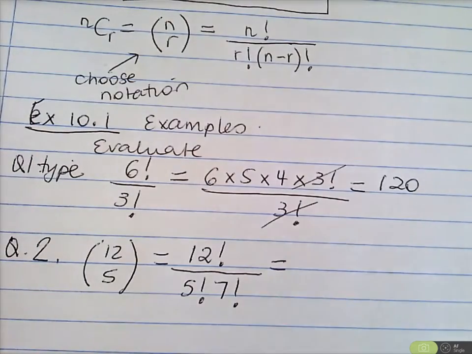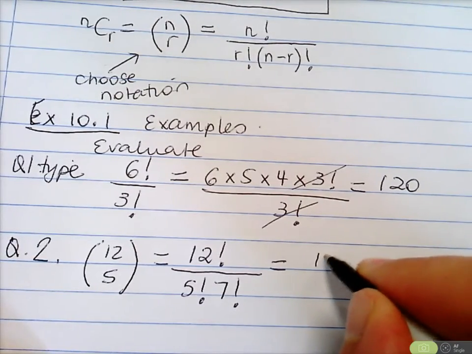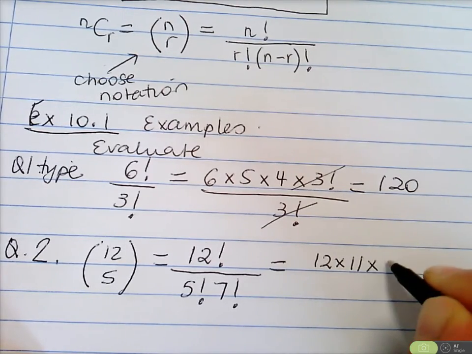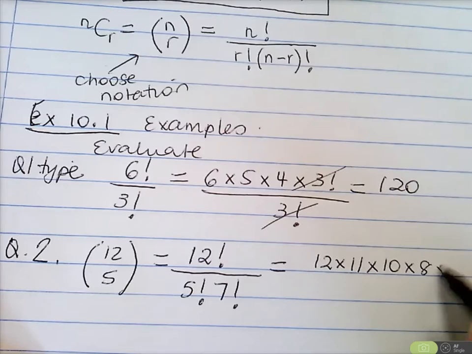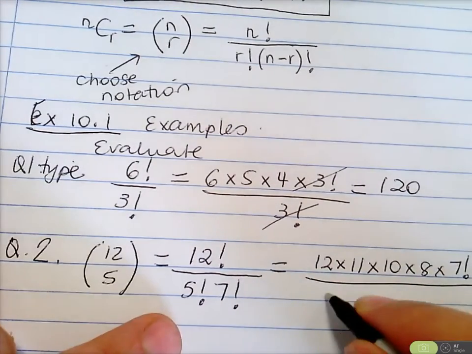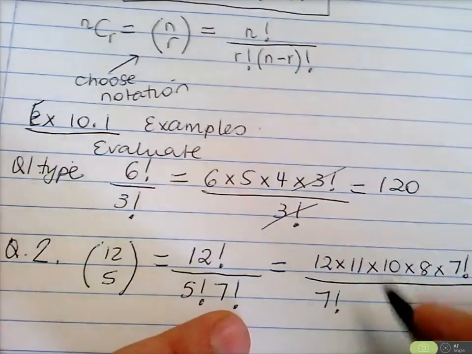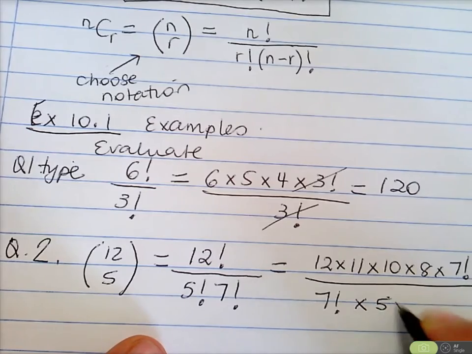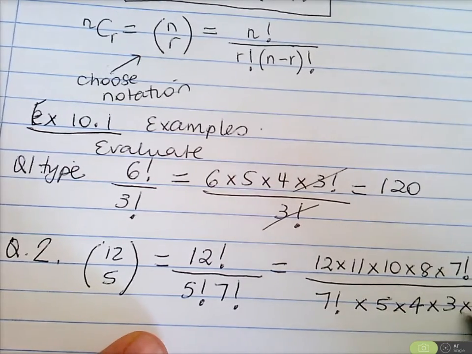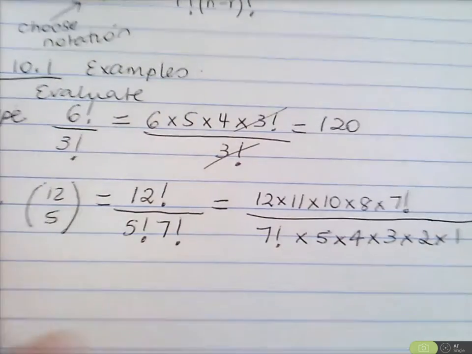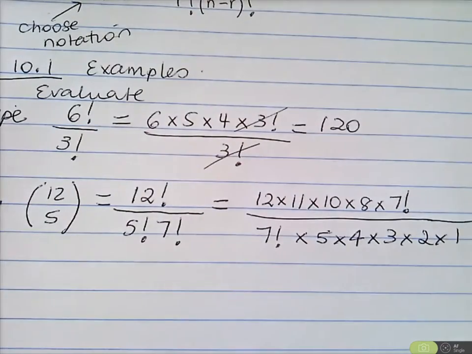We're doing it by hand, but isn't that 12 times, where are you going to stop? 8 times 7 factorial over, now I'm going to write over 7 factorial, I'll put that one first, times, I'm going to write 5 factorial out, watch. 5 times 4 times 3 times 2 times 1. I'll tell you why I'm going to write it all out. So I did the 7 factorial first because I'm going to cancel it. 5 times 2 gives you 10.